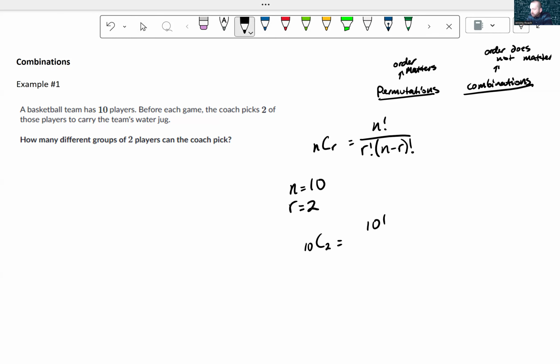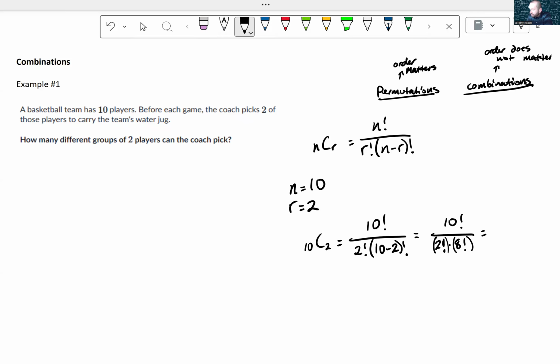So we would write it 10 choose two. And that's 10 factorial over 2 factorial times 10 minus 2 factorial. It's 10 factorial over 2 factorial times 8 factorial. I'm just going to write parentheses because I've got the factorial symbol there, just so there's no confusion.